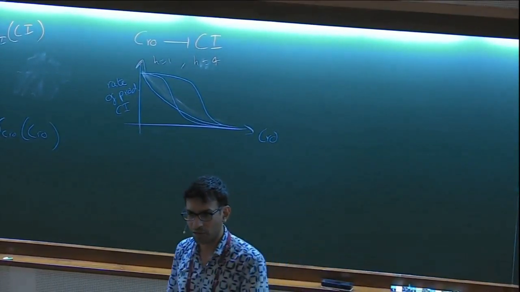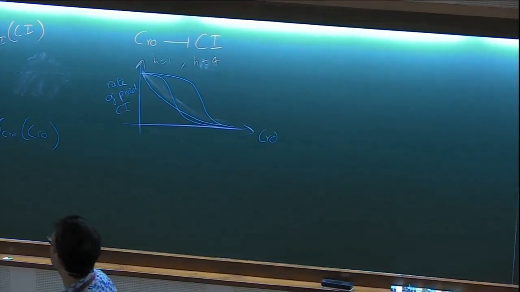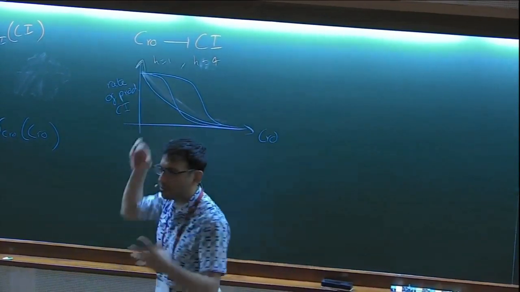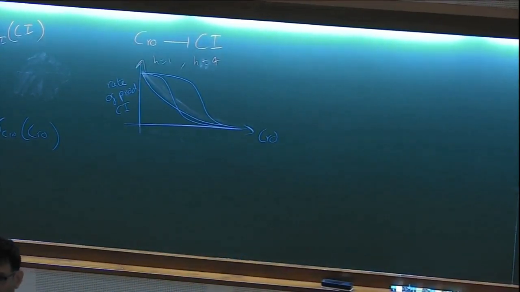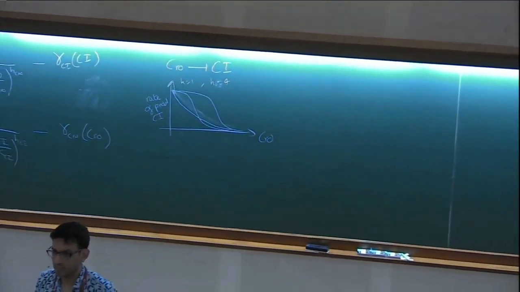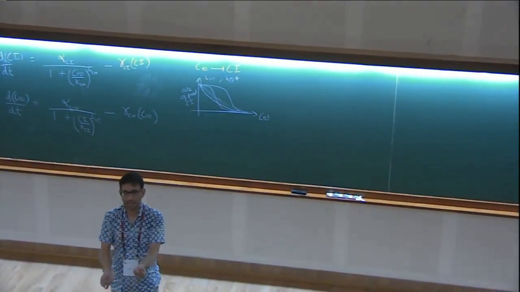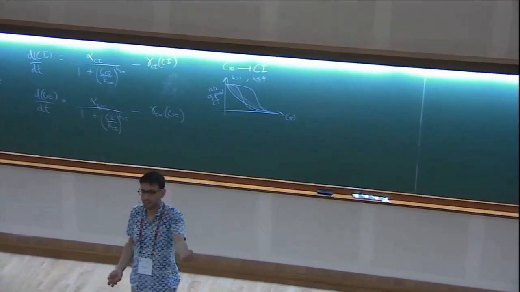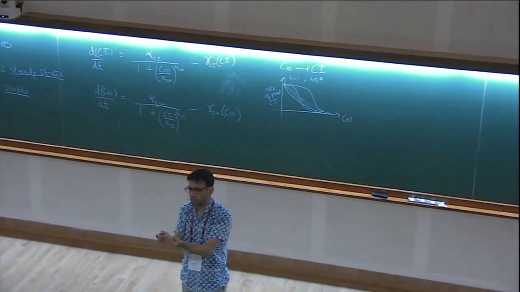So now let's think about transcription in more detail. What do we want? We want CRO to be a transcription factor that inhibits the expression of the gene that's producing C1. Well, how does that usually happen? It goes and binds somewhere, right? There's a binding site. Maybe that binding site is near the promoter region. Maybe the binding site is in the middle of the coding region.